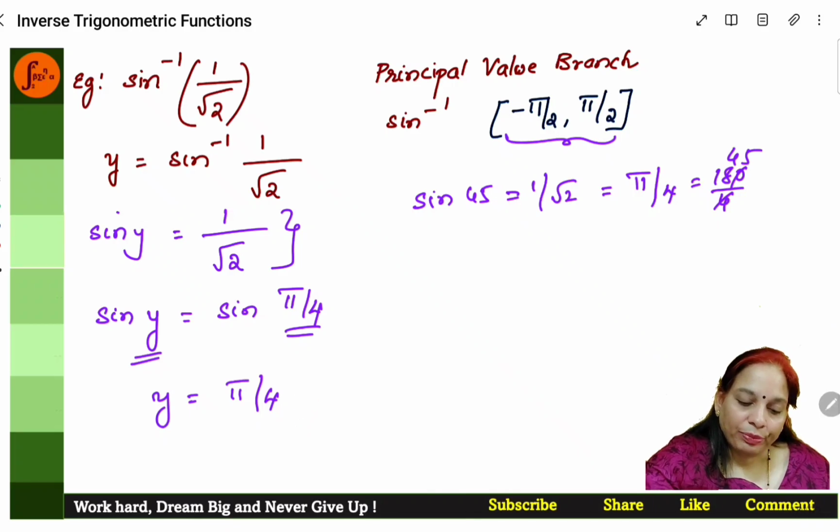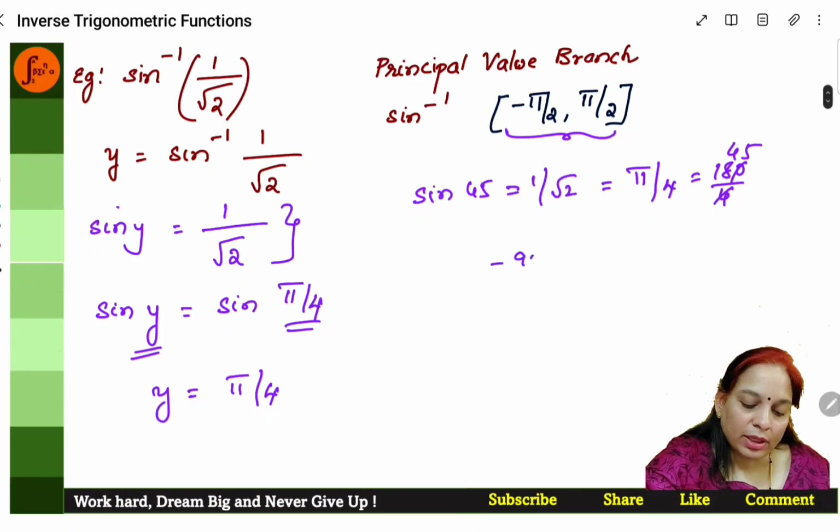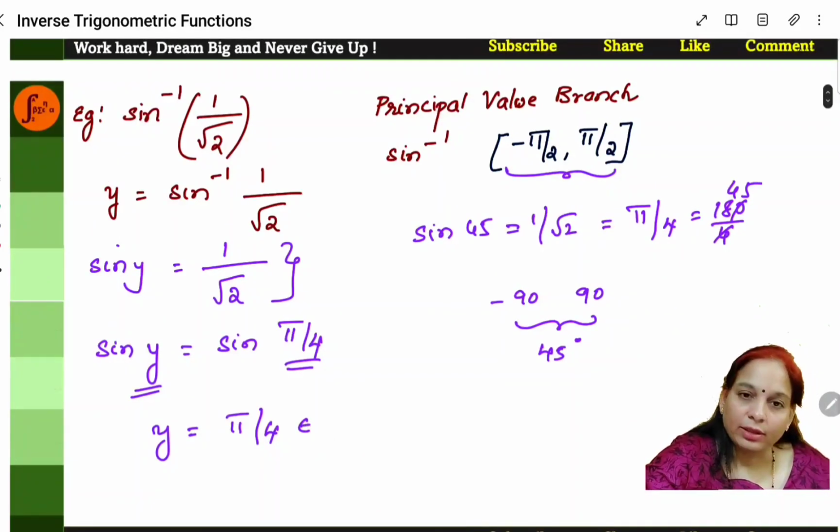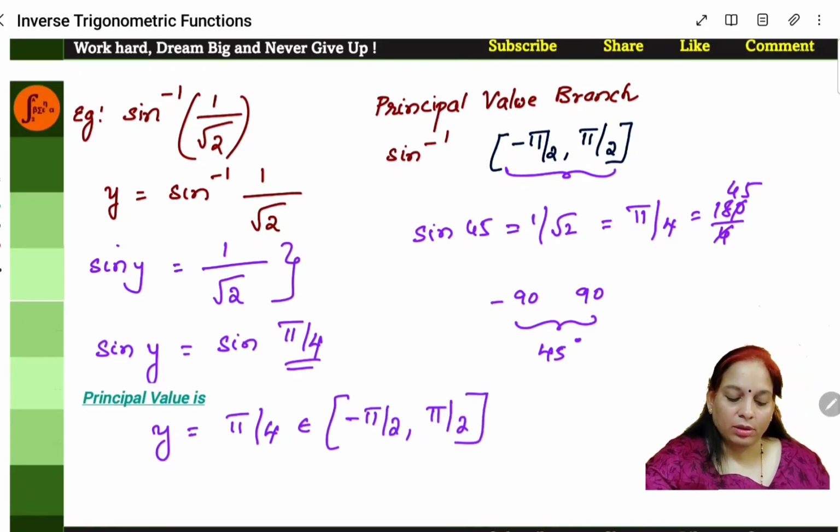Pi by 4 is 45 degrees, and it is within the range of minus 90 to plus 90. Therefore, you should write this belongs to principal value branch, and this is the principal value within this branch.